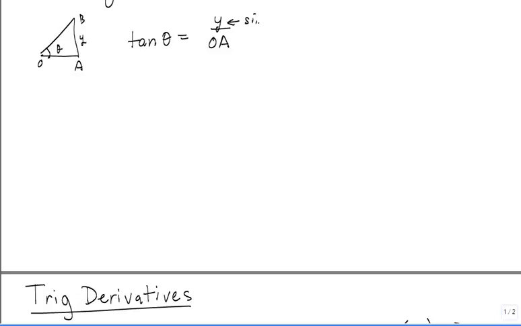But y was sine theta, and tangent is sine theta over cosine theta, so that means OA is cosine theta.